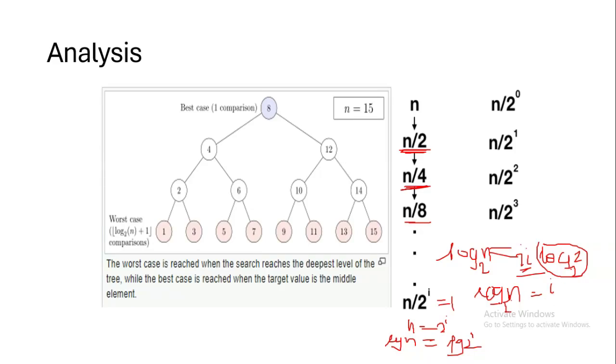So i represents the level at which we come to know whether the element is present or not. So the time complexity of the binary search comes out to be log to the base 2 of n.